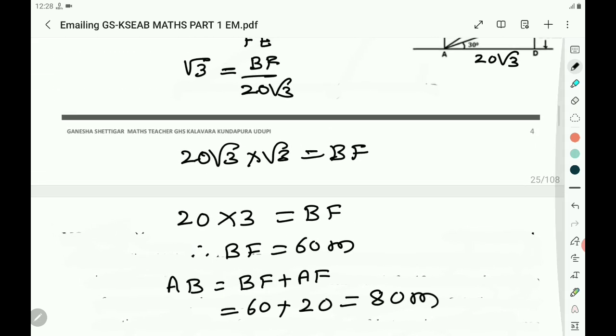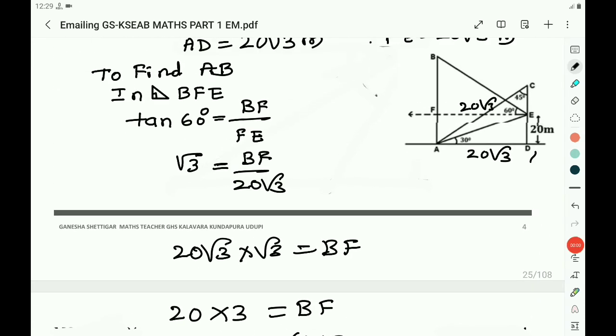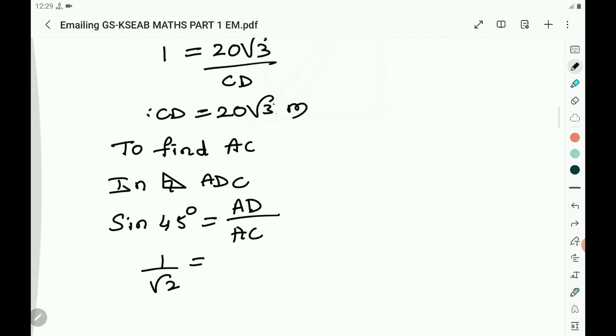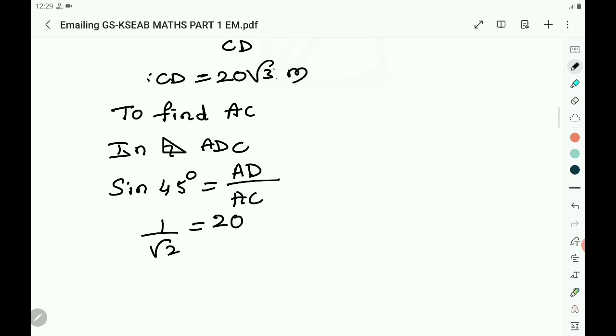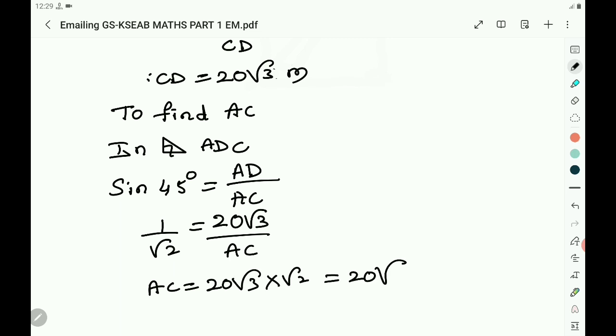AD is the distance between the foot of the building and the tower. So AD is 20 root 3, by AC. Then AC is equal to 20 root 3 into root 2, which is equal to 20 root 6 meter.